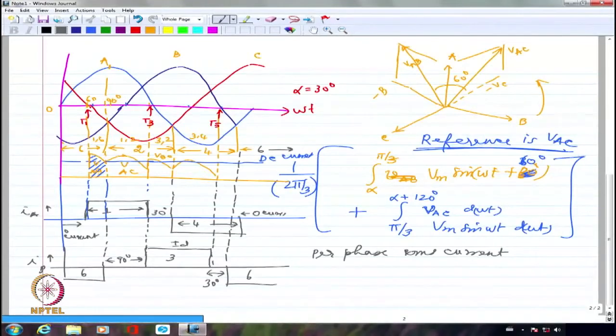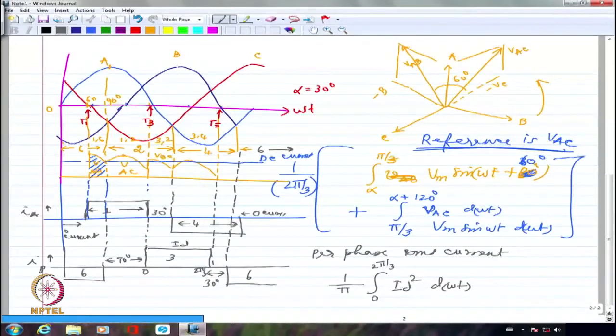So I have to essentially integrate it from, if I say this is 0 and this is 2 pi by 3, for example, so I should say 0 to 2 pi by 3, ID square d omega t, and I have to divide this by pi, because I'm talking about half a cycle.